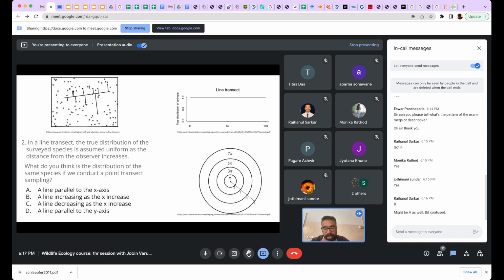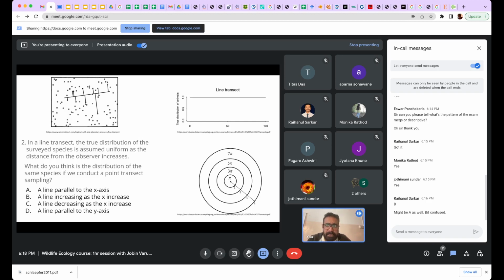If you have a large forest, you put a lot of line transects, and then you figure out the densities of those animals in each line, and then you find the average, and that's how you find the average density of that animal in the forest.